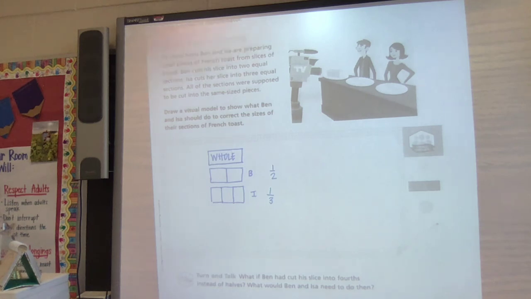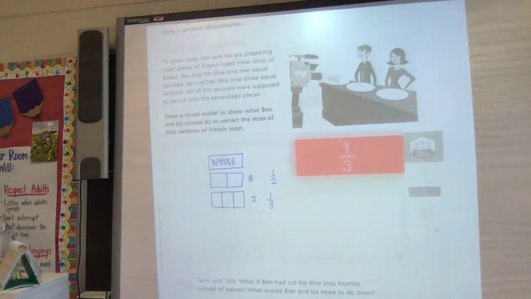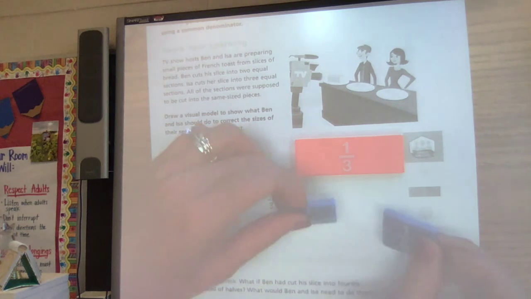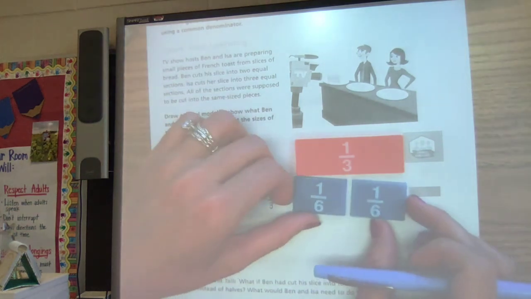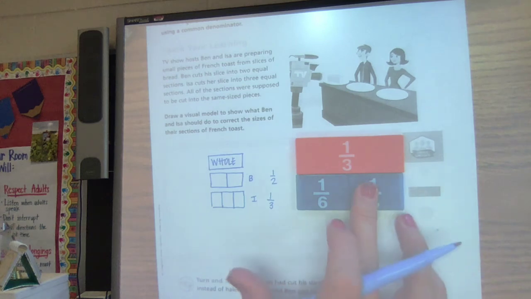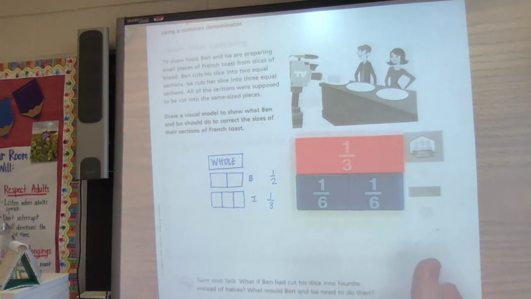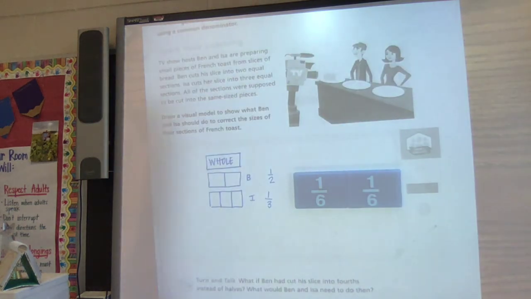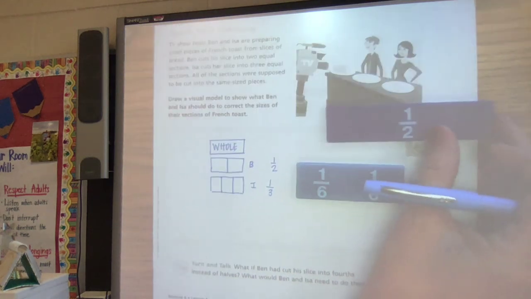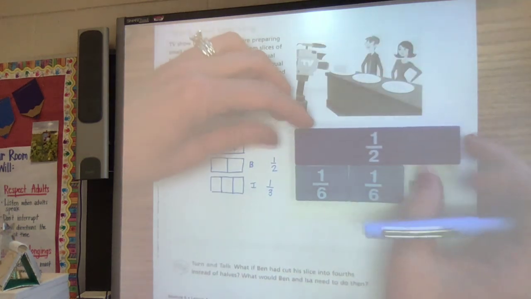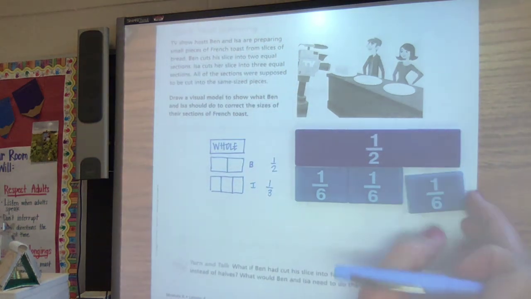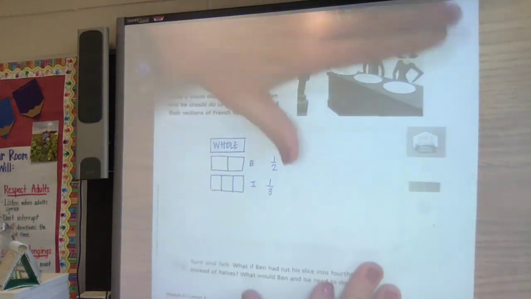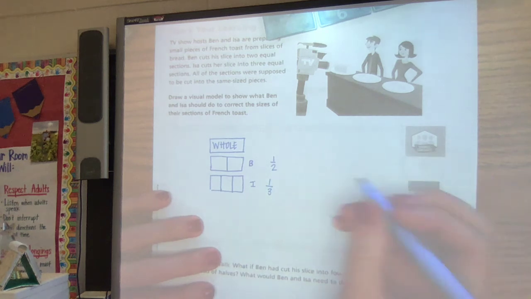So if I have a third, like Isa has, 2/6 is equivalent to a third. And like Ben, he has a half, and we know half of 6 would be 3. So I know that I could use 6.